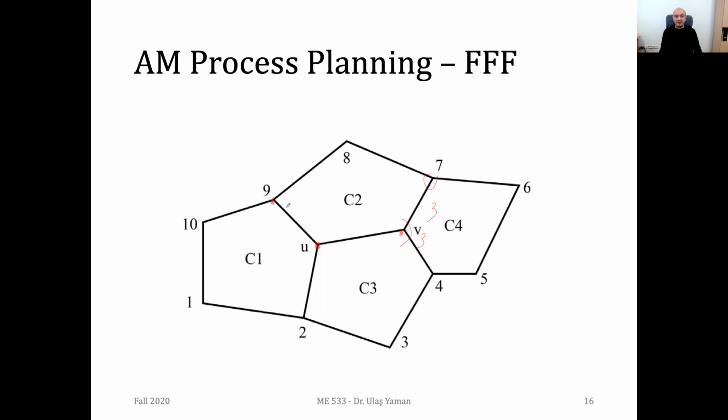So what do you think? Can we have an Eulerian path here, an Eulerian circuit? Obviously, no, since the Eulerian theorem states that we should have an even number of edges at each vertex.